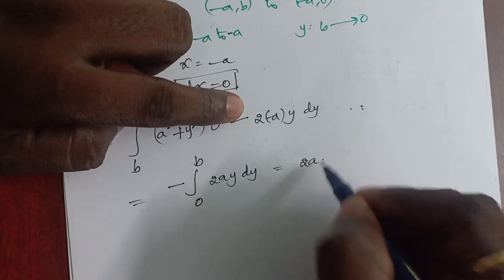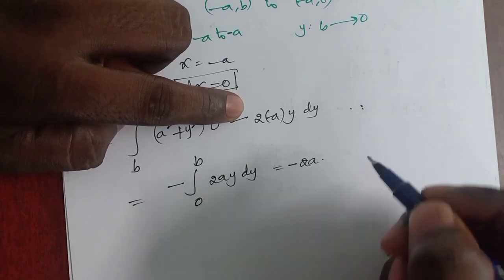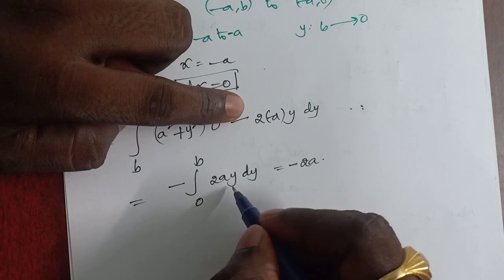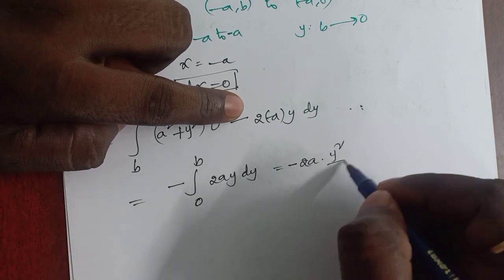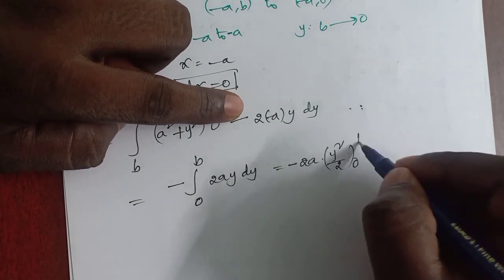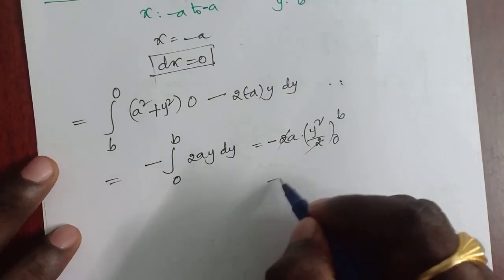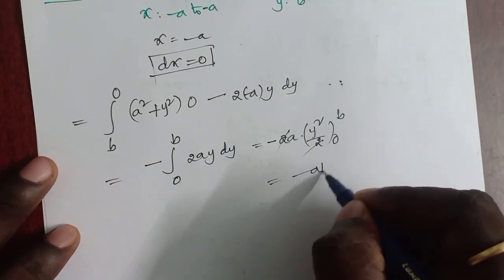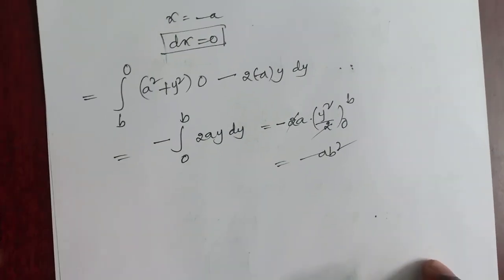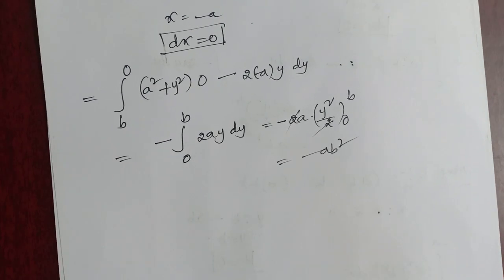So 2a is constant, minus, and for y integration is what? Y square by 2, the boundaries are from 0 to b. 2 gets cancelled. Now substitute the upper boundary here, minus ab square. So now the curves are over.